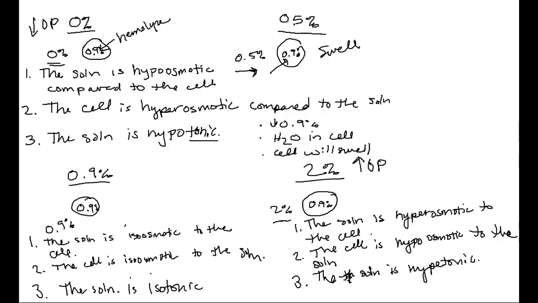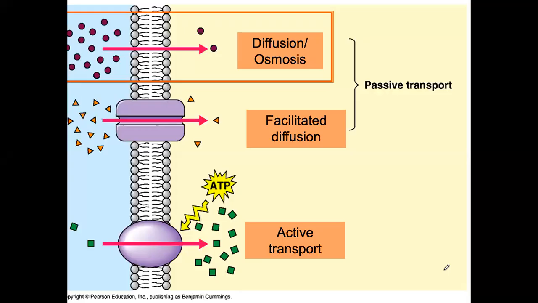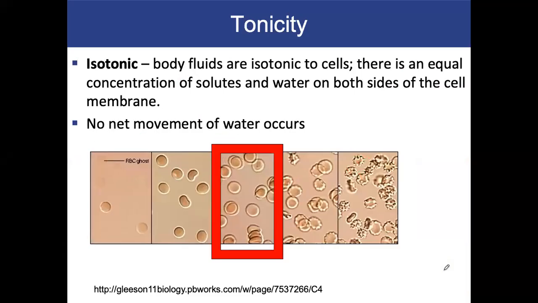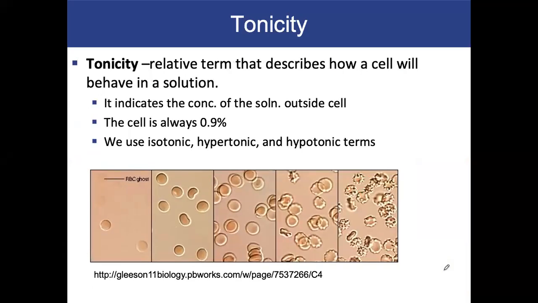So let's go back to the PowerPoint. Okay, so for this one, let's see, you can use these guys as for your part C. So in your lab, part C is tonicity.